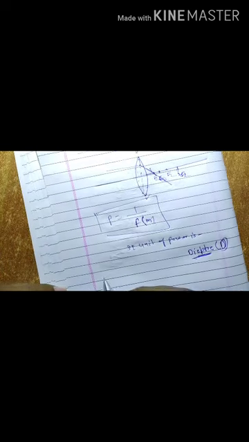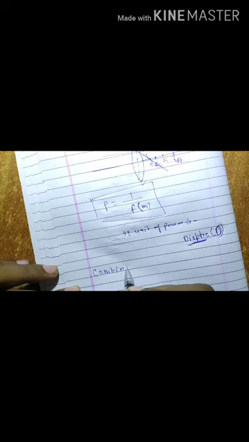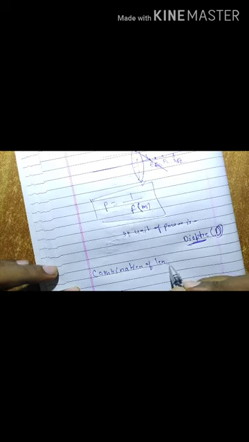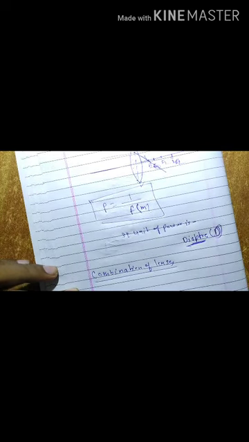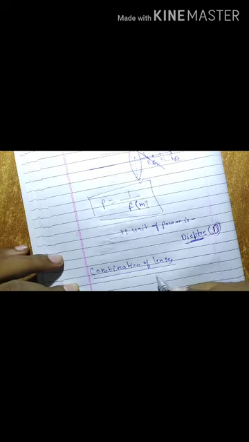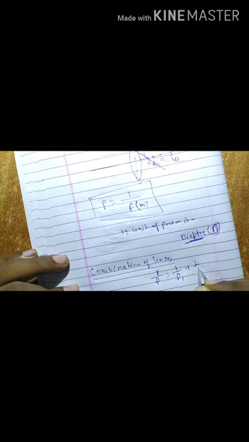This is also important. Next topic, the last topic, is the combination of lenses. If two lenses, say one lens has focal length f1 and the second lens has focal length f2, are kept in contact with each other, in that case the effective focal length is given by 1 upon f is equal to 1 upon f1 plus 1 upon f2.